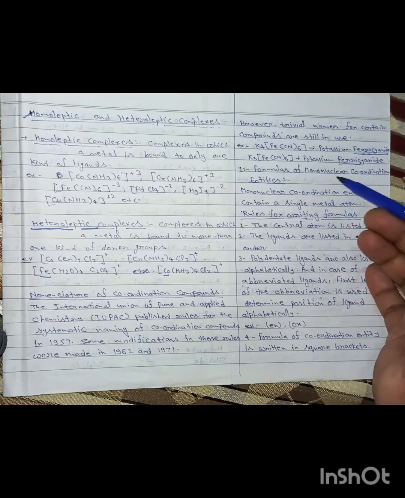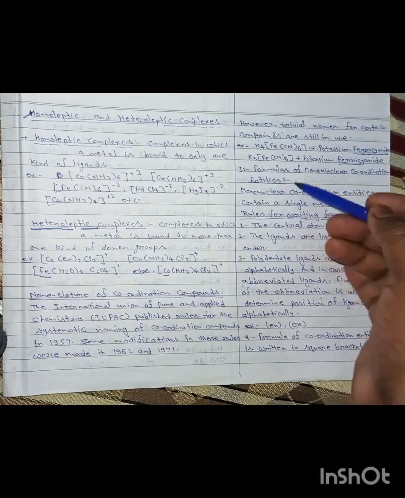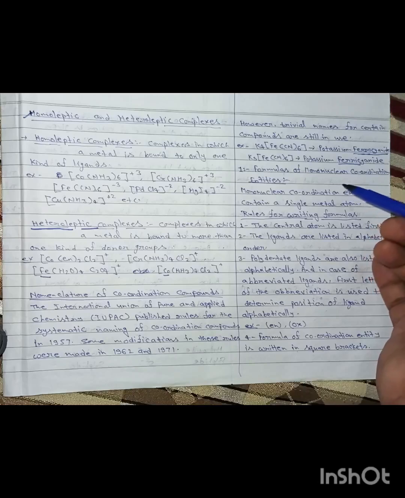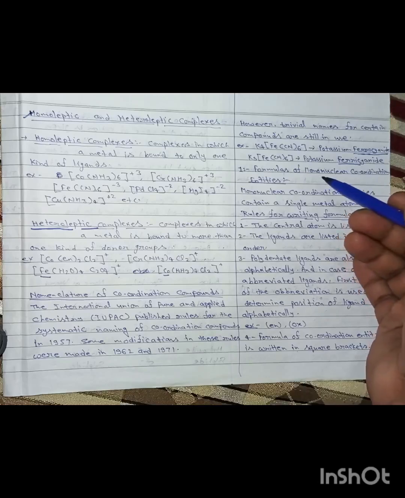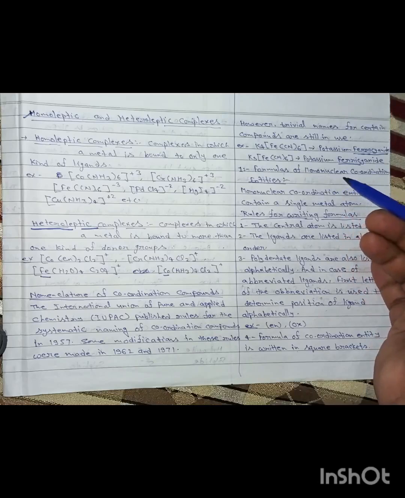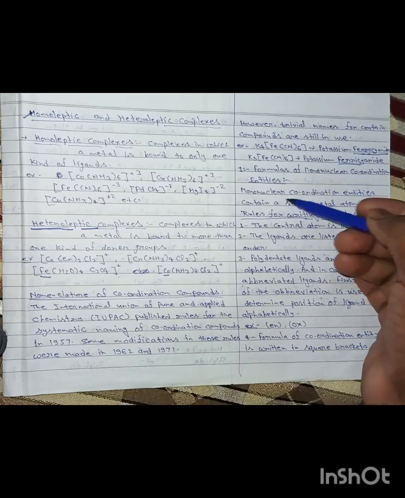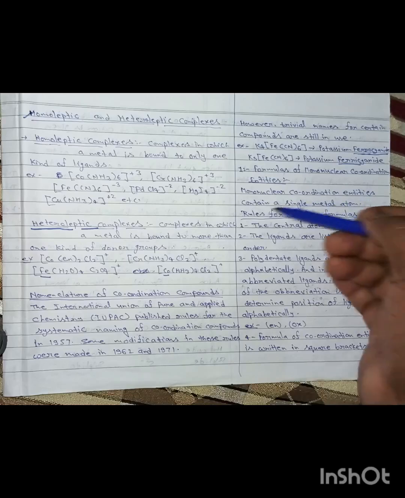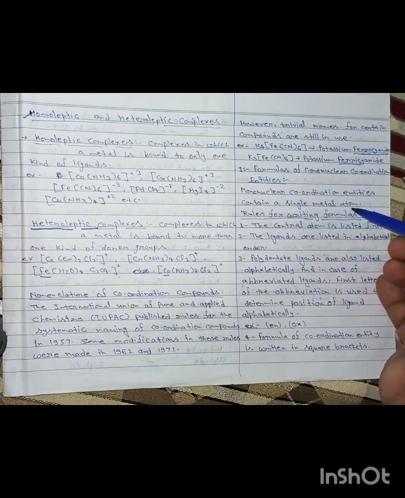Now the formulas of nomenclature, the formula of mononuclear coordination entities. How do we write the formula for a mononuclear coordination entity? A mononuclear coordination entity contains a single metal atom.